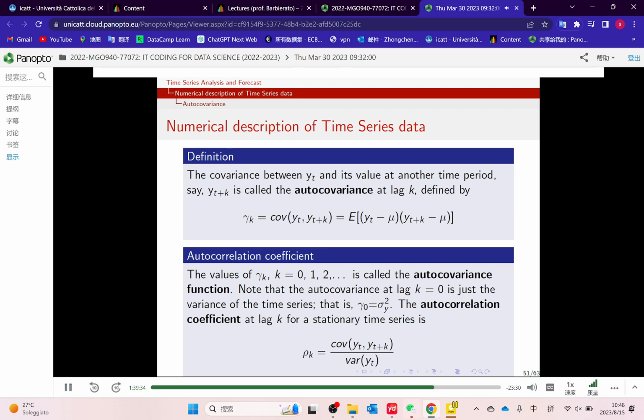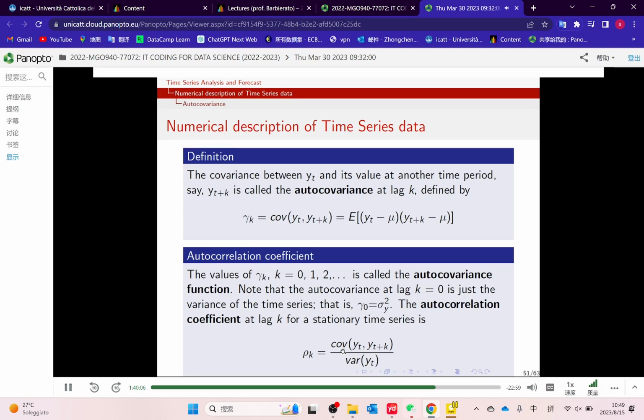You can extend this concept also keeping in mind the correlation, which is what we saw before, but you are applying correlation to your time series. So we speak not of correlation, but autocorrelation as well. The autocorrelation values are denoted by the Greek letter rho of index k. So gamma is the autocovariance, rho is the autocorrelation.